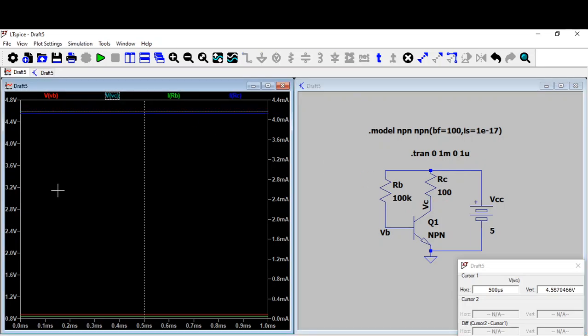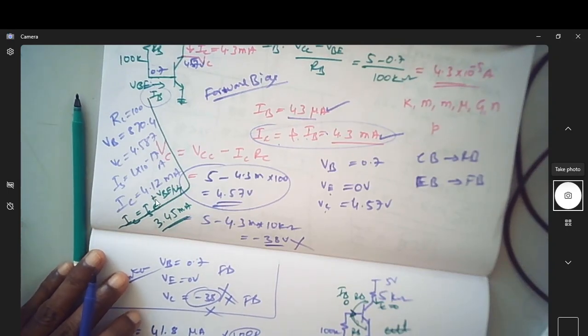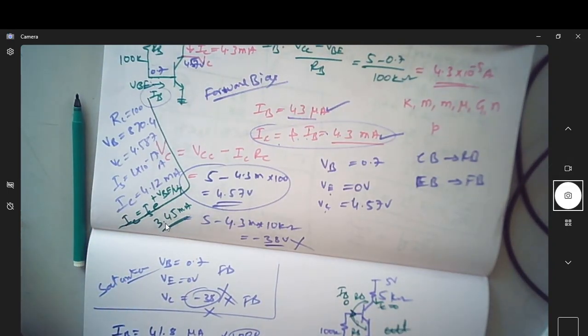You can see there is a variation between this and this, so you are getting a simulation current of this, whereas the actual current using this equation is coming out to be this.